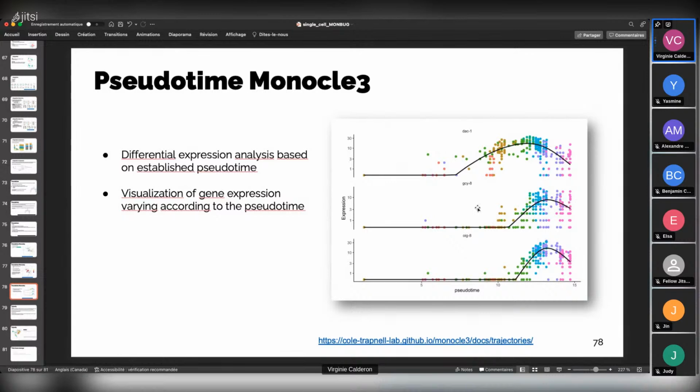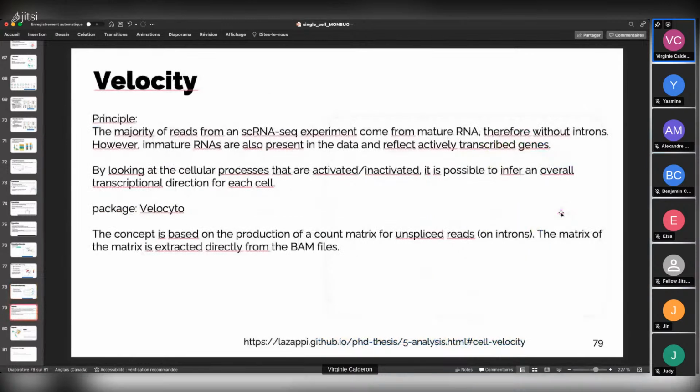So this is another way to look at the data, to add this information and be able to identify the small changes based on the pseudotime. So that's one way to do it, the pseudotime.